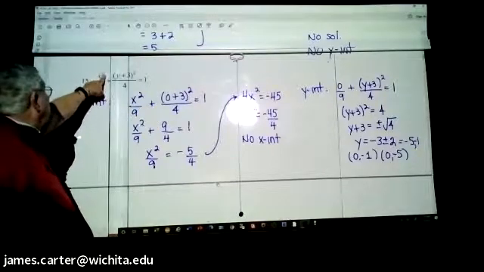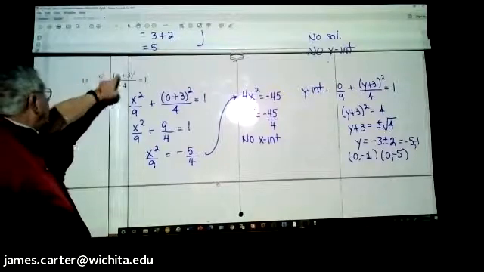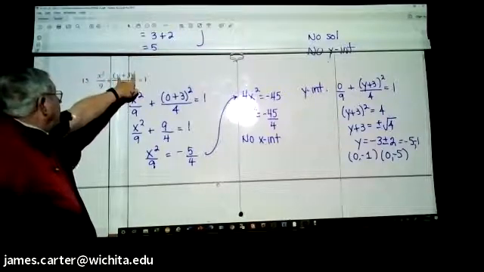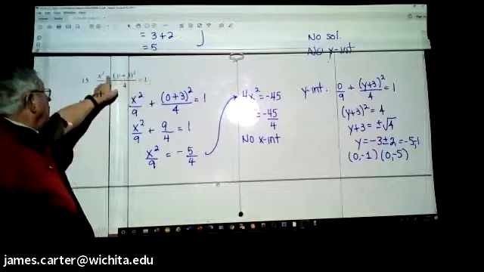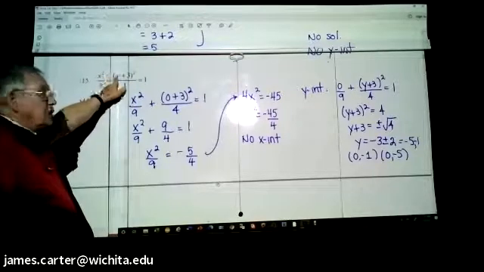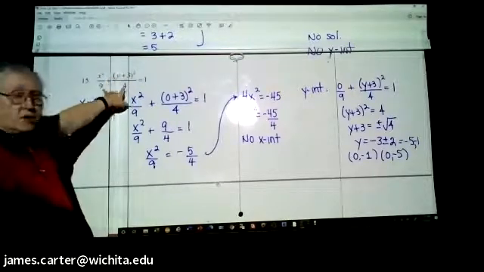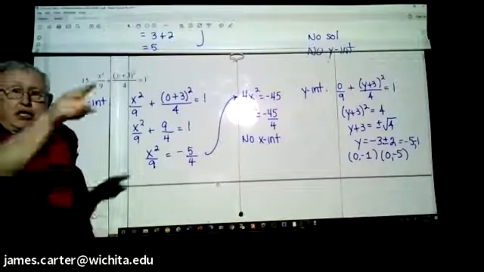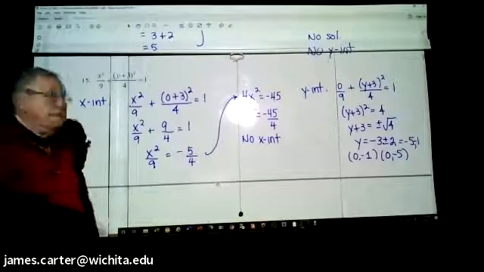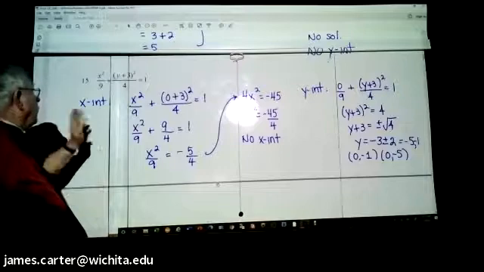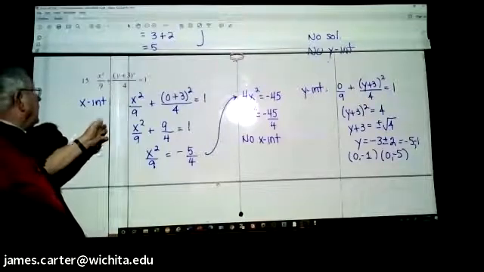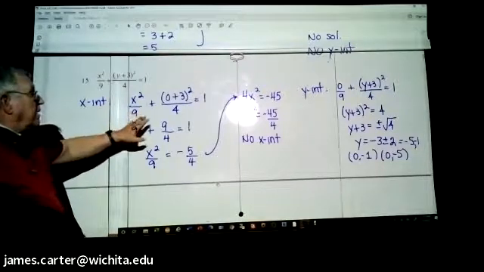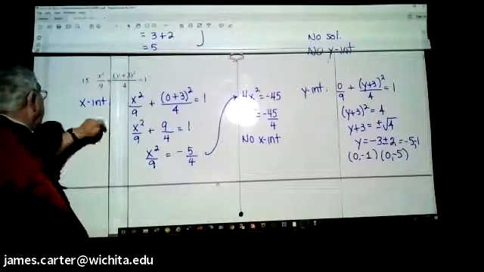You see you have an x squared, you're also going to have a y squared equals a number. You might think, well, is this going to be a circle? Actually, it's going to be an ellipse, an egg-shaped oval, okay? But we don't need to worry about that for right now. All we need to care about are the x and y intercepts.